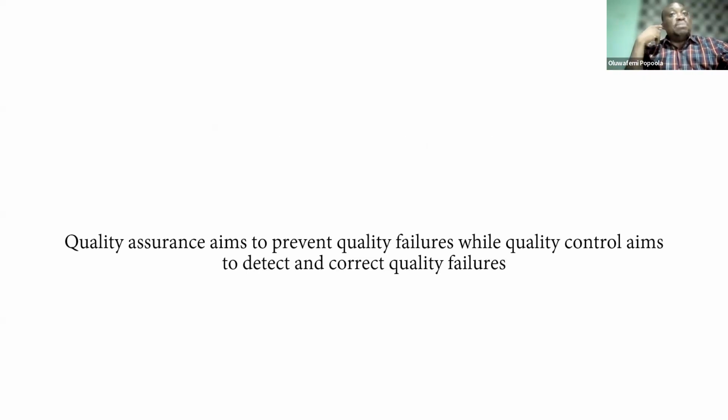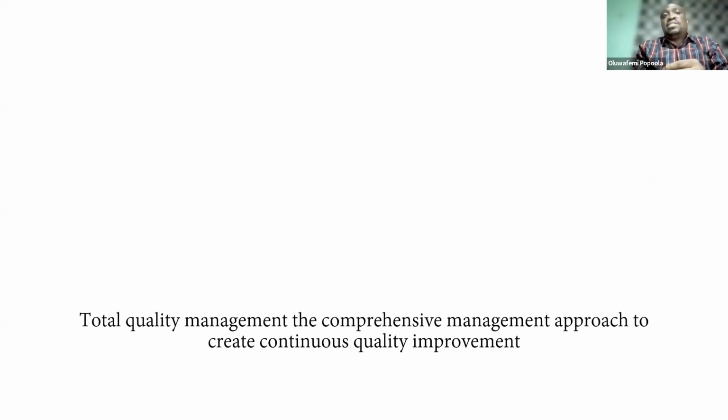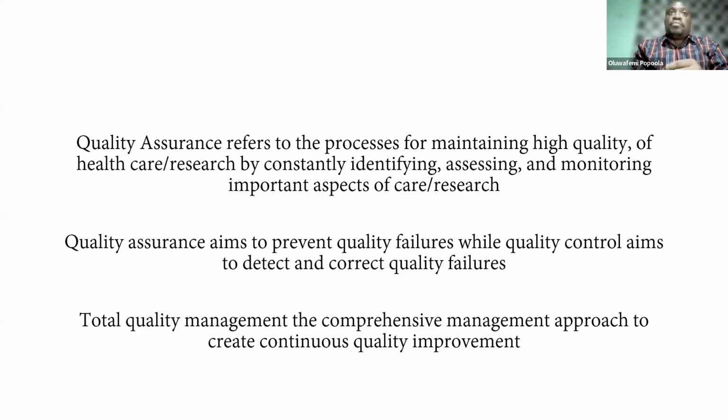Ultimately, quality assurance aims to prevent quality failures, and that is a bit different from quality control, which aims to detect and correct quality failures. But they work hand in hand together, and I think that trying to split both arms is probably an exercise in futility. The final term I want to define here is total quality management, which is just the comprehensive management approach to create continuous quality improvement.